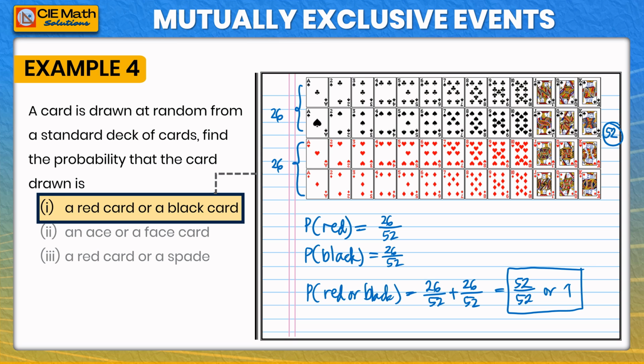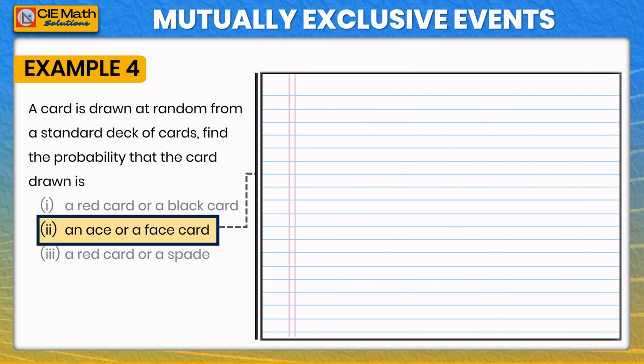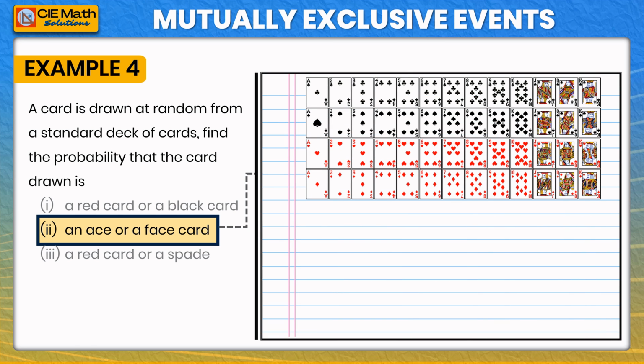For double I, an ace or a face card. So if we take a look again at the probability of an ace, in the standard deck of cards there are only 4 aces. 1, 2, 3, 4. So there are 4 out of 52.